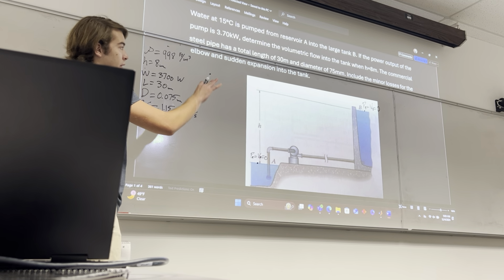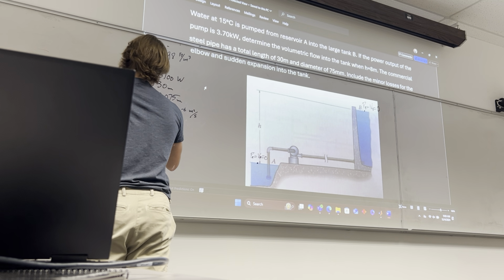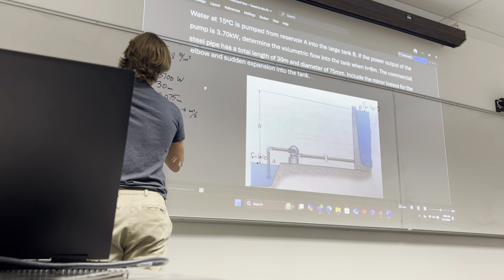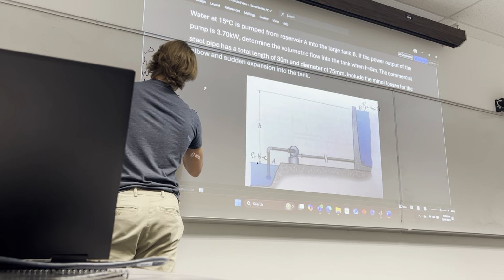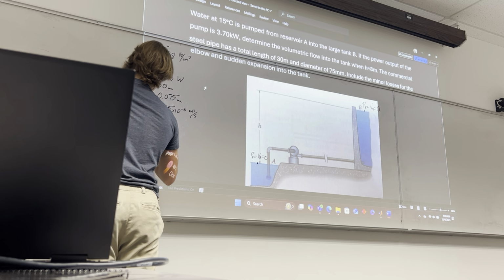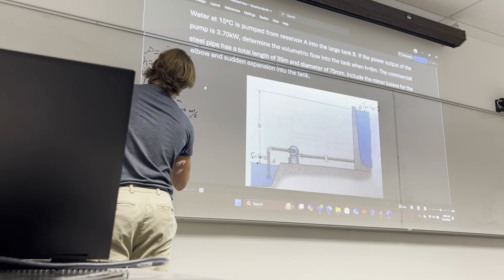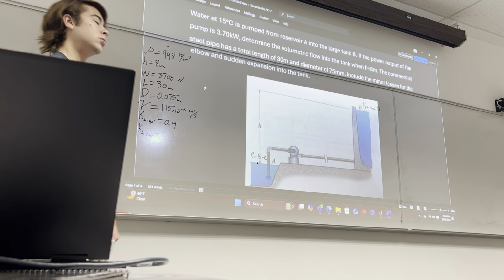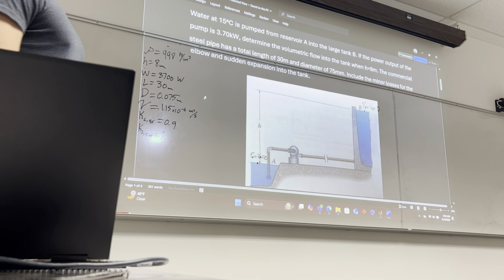They don't give that here, so I'll just write it here. I'll say KL, that's how you usually know it. KL for the 90 degree equals 0.9. And then KL for the expansion is just 1. Those will come in a second, but that should be everything we need to start off.